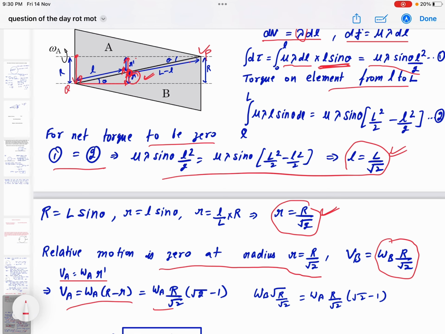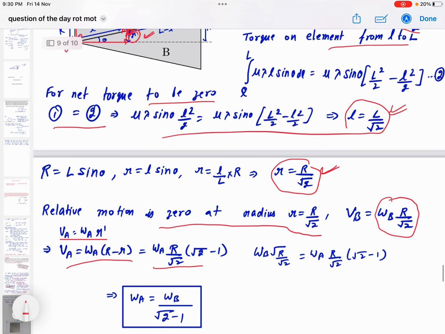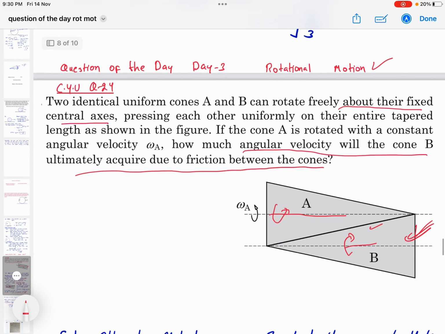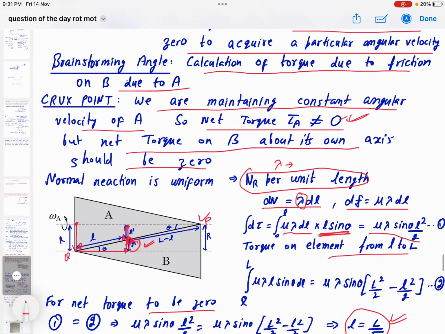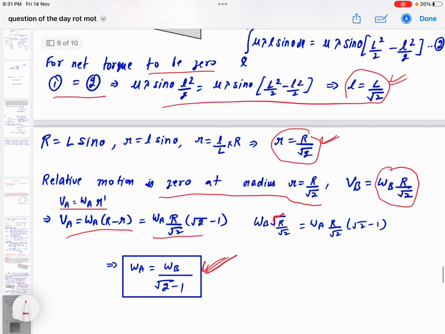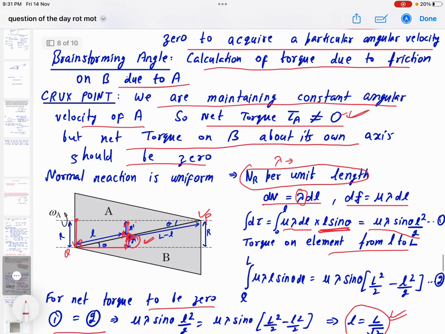So I get omega A in terms of omega B. Oh sorry, here the root should not be there. So omega A equals omega B upon root 2 minus 1. We need to find omega B, so omega B will be root 2 minus 1 into omega A. That should be our answer.